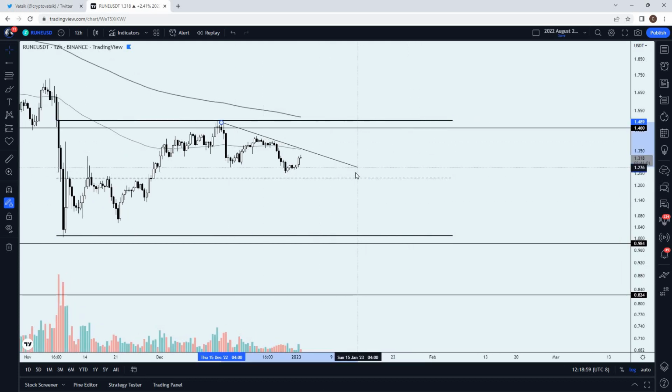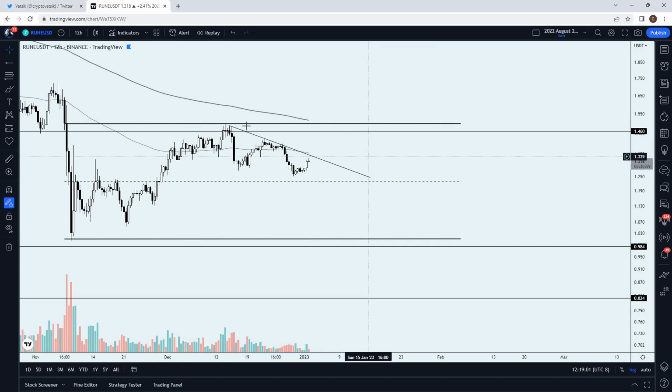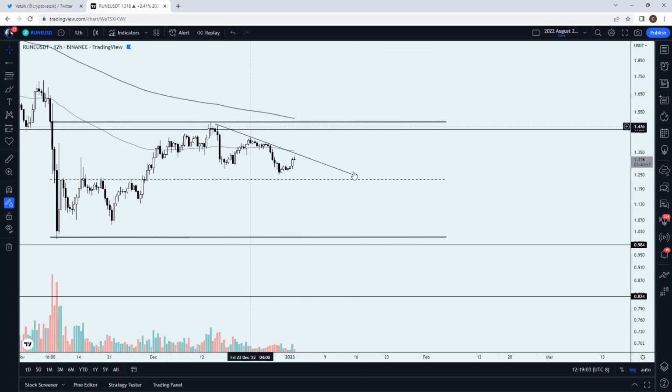We've got this diagonal here, so we can work with that. We've got the equilibrium here that we're working with as well. So the assumption, if you're going long, is that we need to hold the equilibrium here as support from these previous highs.